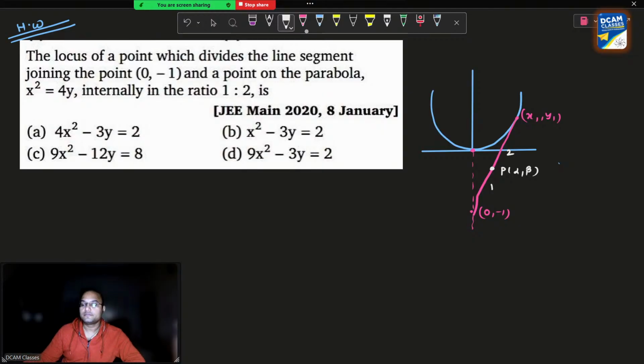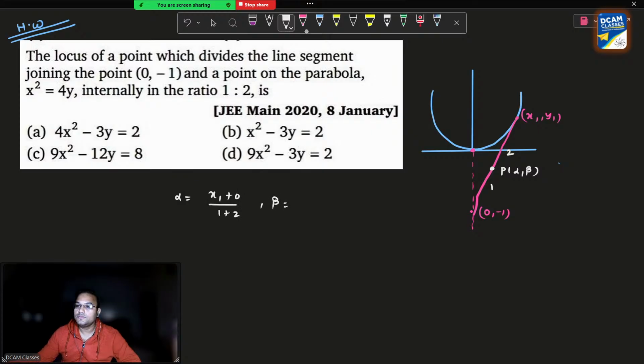Okay. Now, if you know, by using the internal division formula, you can say alpha is equal to what? x1 plus 0 by 1 plus 2.